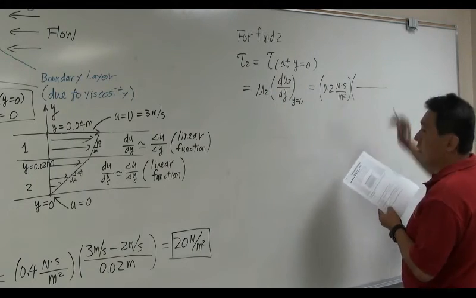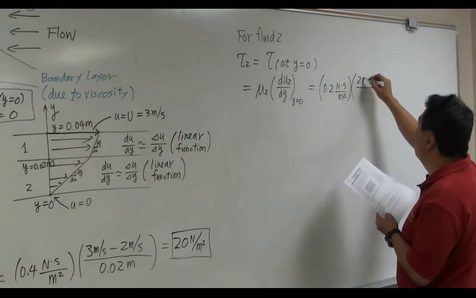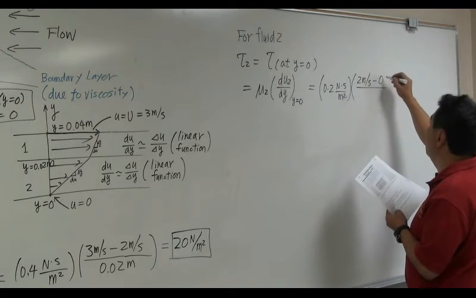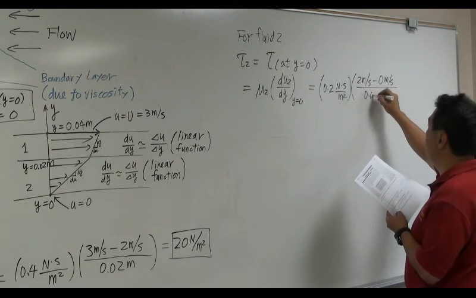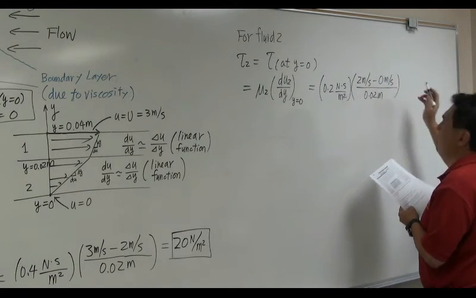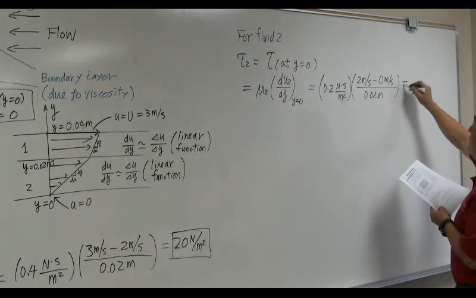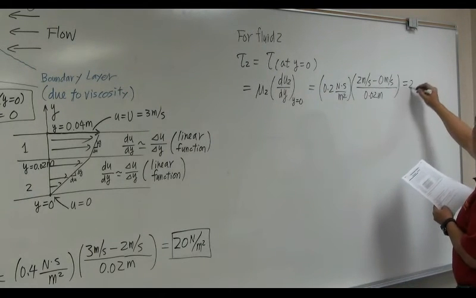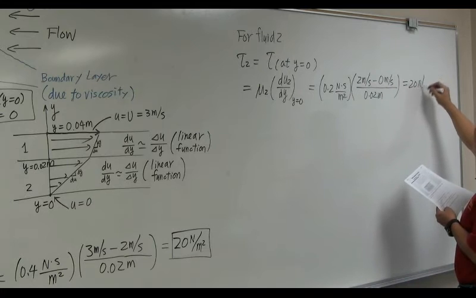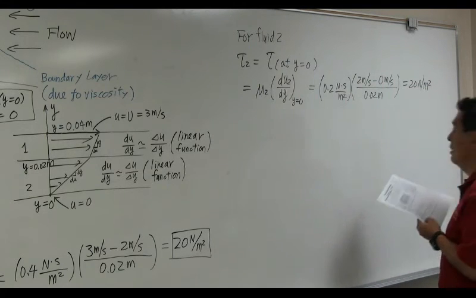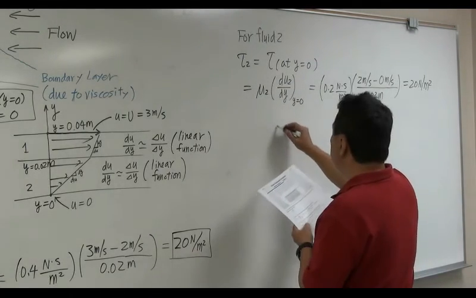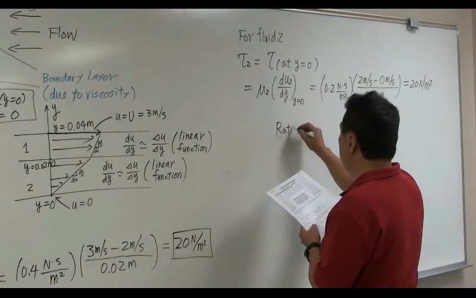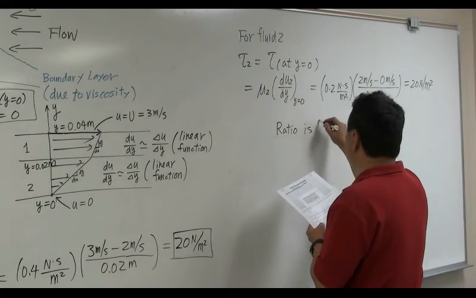Because of that, velocity changed from 0 to 2 meters per second over the height of 0.02 meters, which actually gives you the exact same shear stress. So, the ratio is 1.